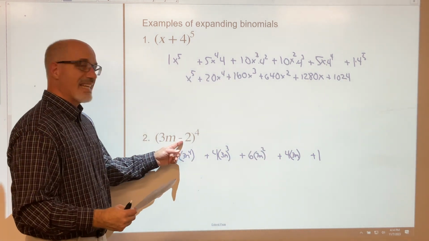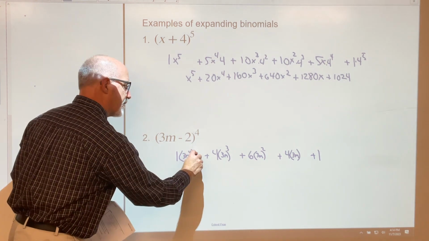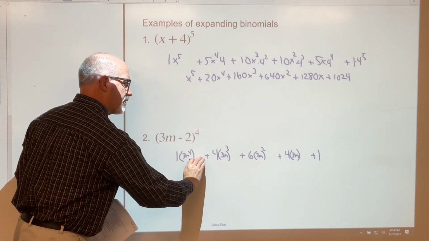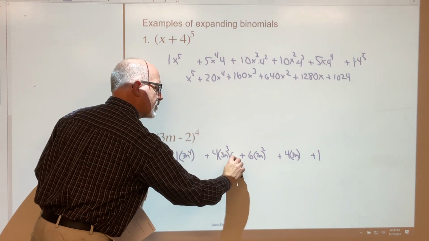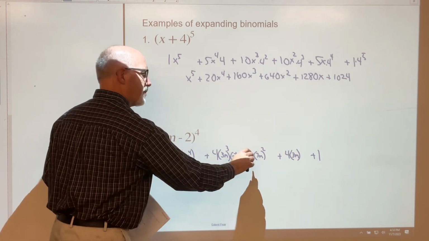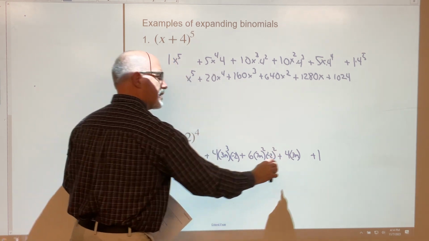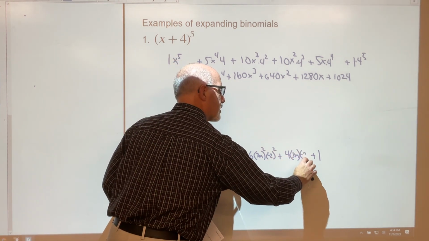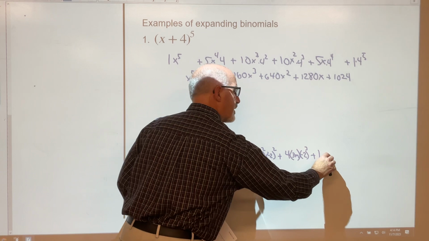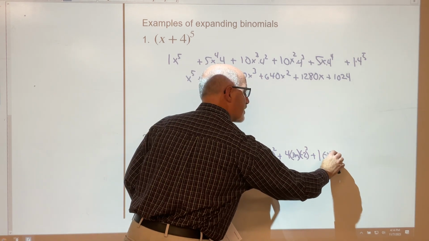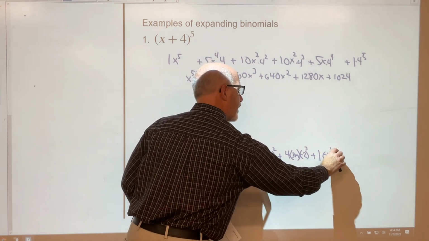And then we're going to take the -2. Notice that it does have a negative, so I'm going to have it blank in the first one, then -2 to the 1st, and -2 squared, and then -2 cubed, and then -2 to the 4th power.